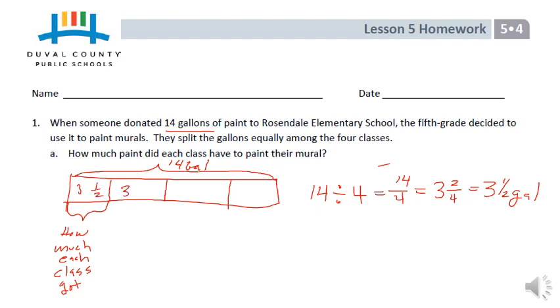So each class would get 3.5 gallons. Now, the way for me to check this is to add all these up and see if I got 14. So I count 3, 6, 9, 12 in whole numbers. 1/2 and a half is 1, and a half and a half is another 1, which gives me a total of 14. So checked.